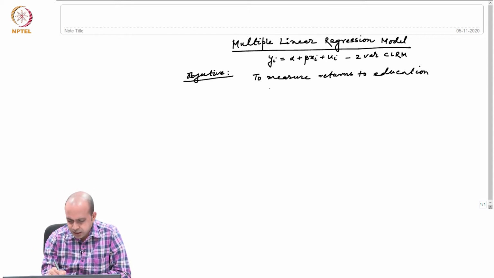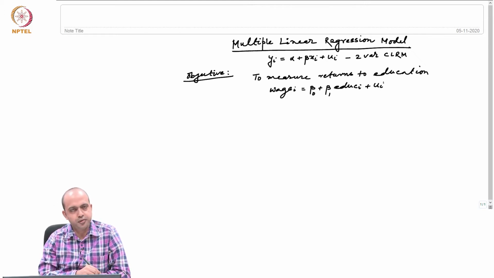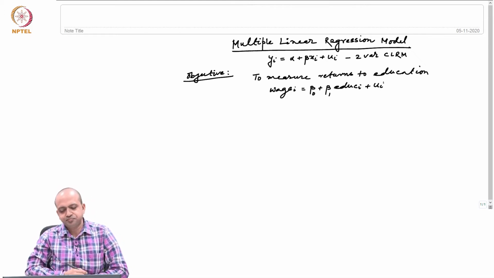Let us say that our model is now: wage, the dependent variable for the ith person, equals beta 0 plus beta 1 education plus u. This is our objective, to estimate returns to education.